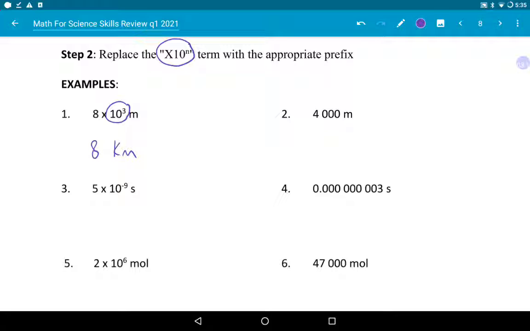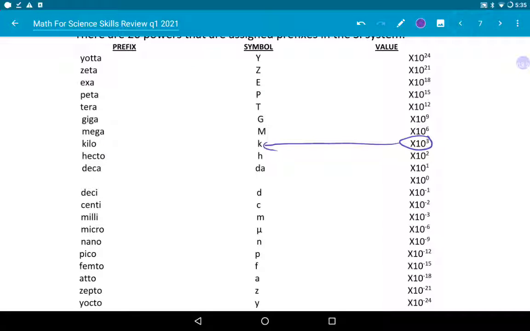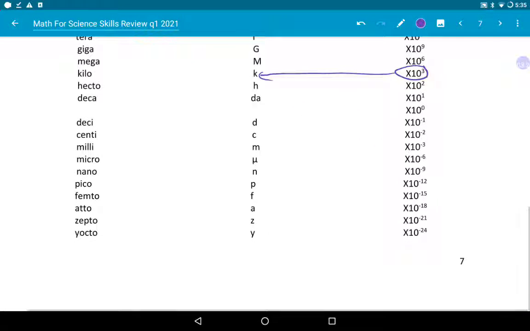Okay. Here's another one. We have it in scientific notation already, so we don't have to do too much. We just look for the exponent, or the power, 10 to the negative 9. That's going to be nano, so we use an N for that.